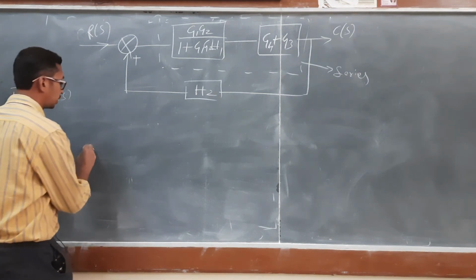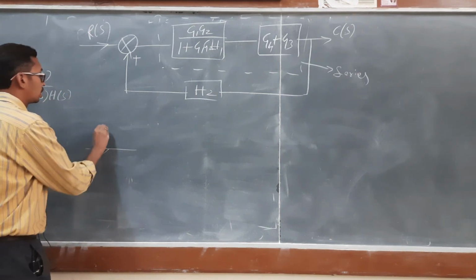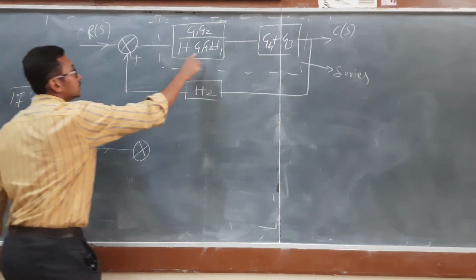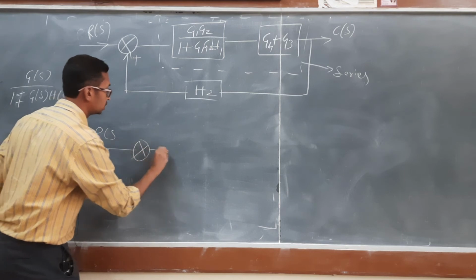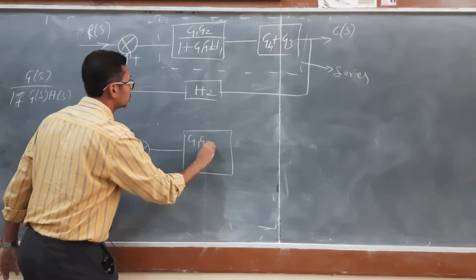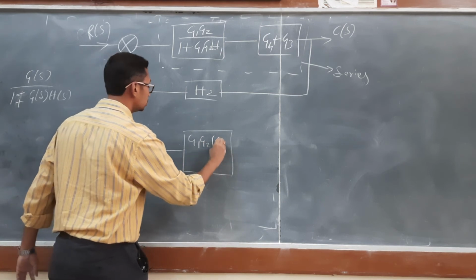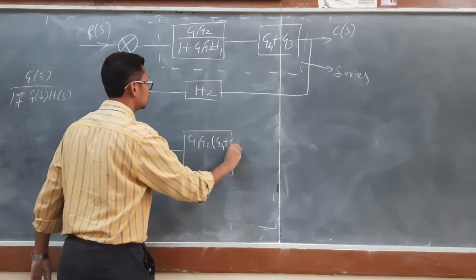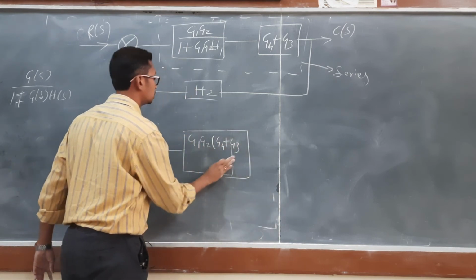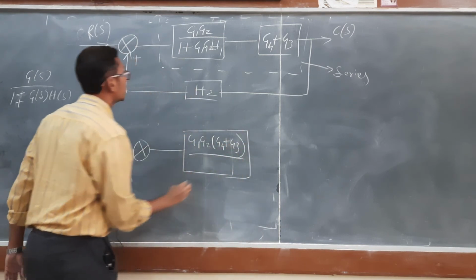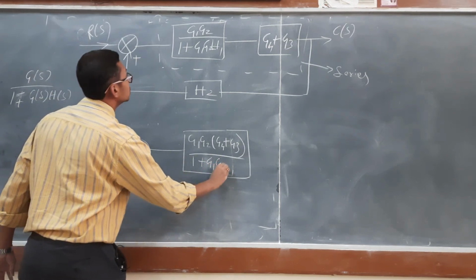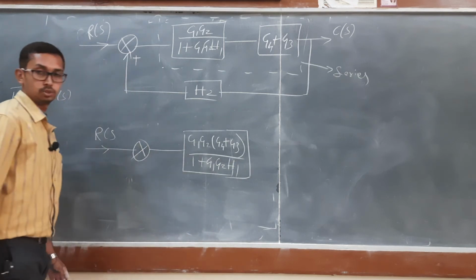So this can be written as R of S, the summing point. These two I am going to multiply, so this can be written as G1 G2 into G4 plus G3, divided by 1 plus G1 G2 H1.